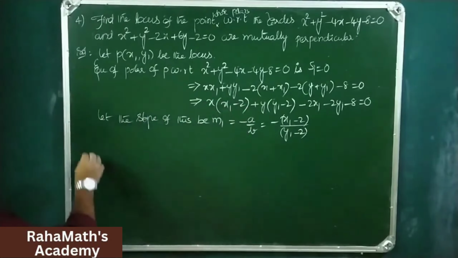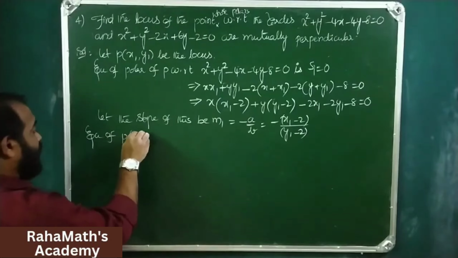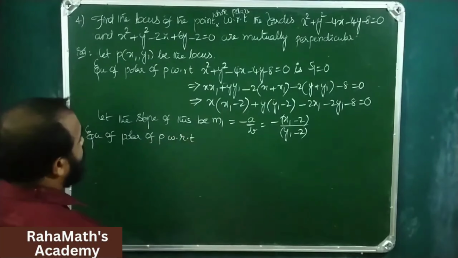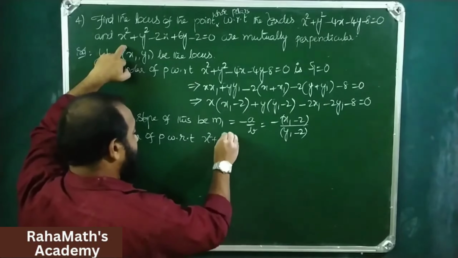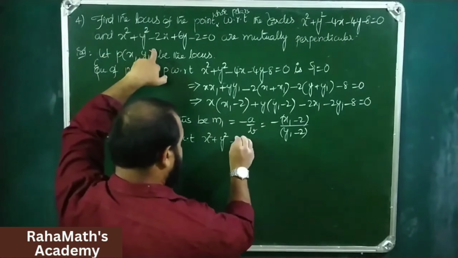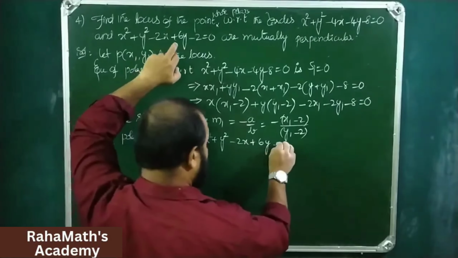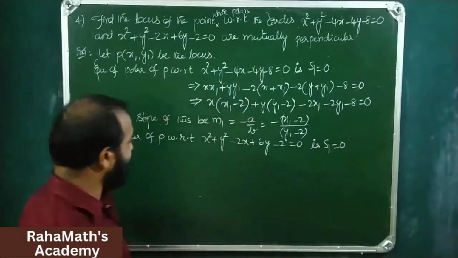Likewise, the equation of the polar of P with respect to another circle, x square plus y square minus 2x plus 6y minus 2 equals 0, is S1 equals 0.